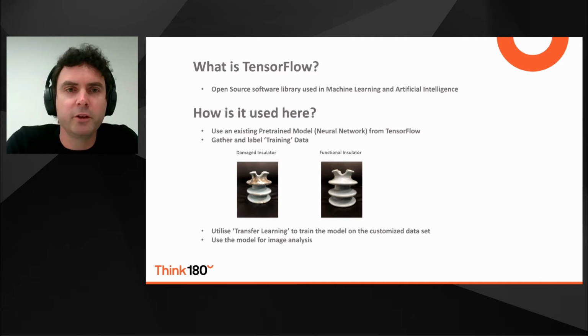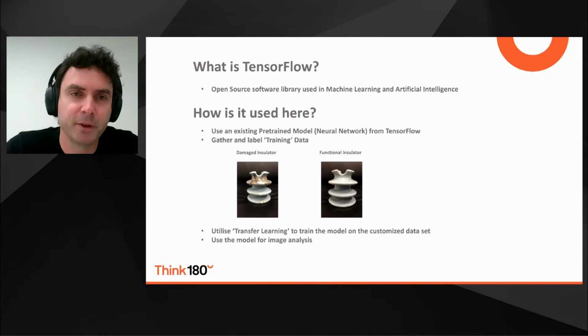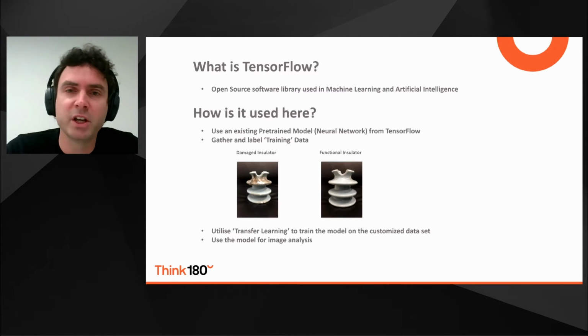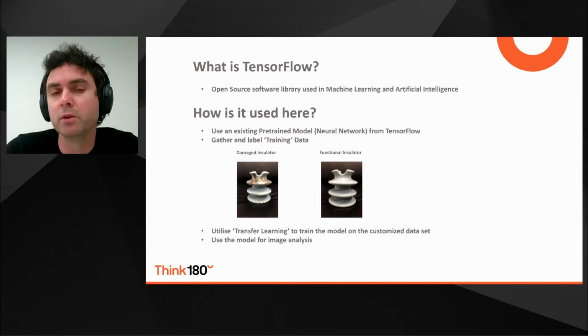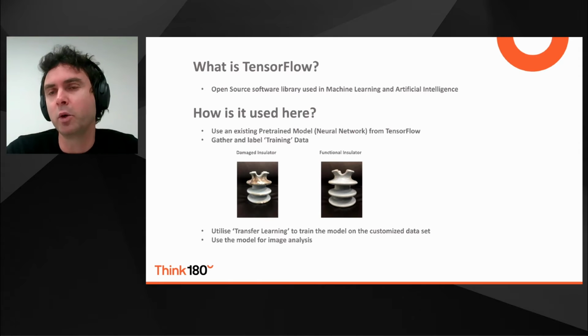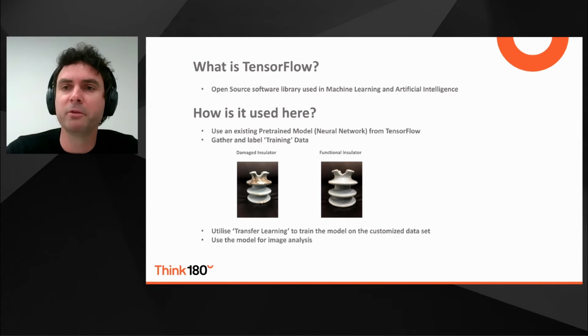Fantastic. And I guess, Michael, there's a tool in there called TensorFlow. Tell us a little bit about TensorFlow and what it does for us and how it works. Sure. So TensorFlow is, as the slide says, an open source software library. It's free. It's used for machine learning and AI. It's developed by Google. And what it basically allows is easy and quick building and deployment of all sorts of AI capabilities.